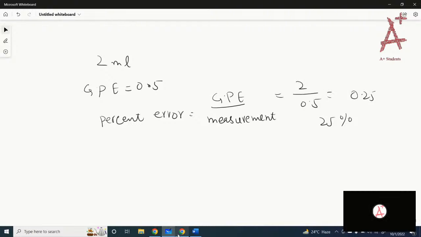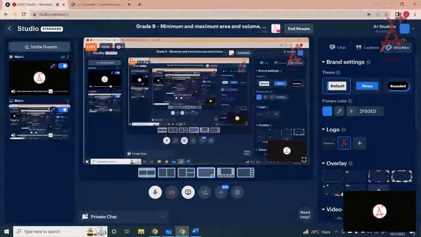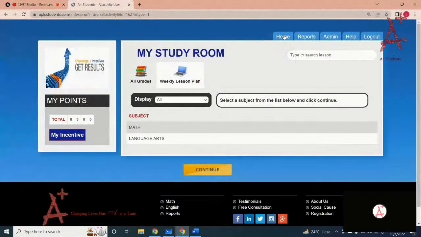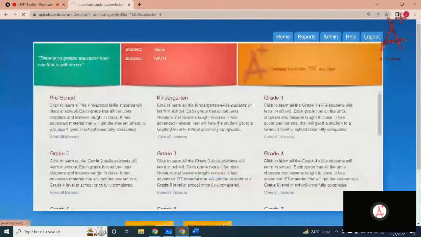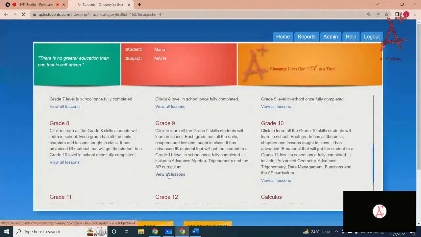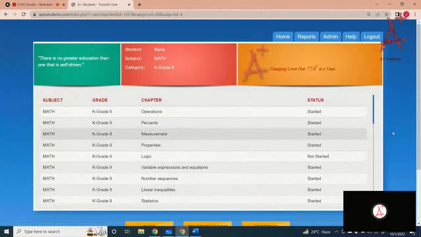Where is the final? Just 1 minute. Let's go to the final test, maths. Then you have to scroll down to grade 9. We are doing the chapter measurement.